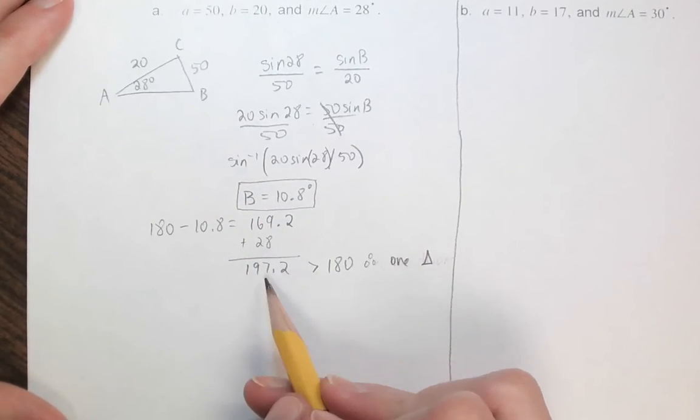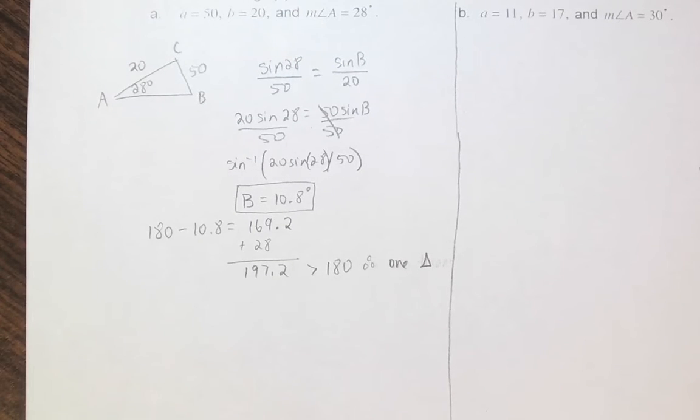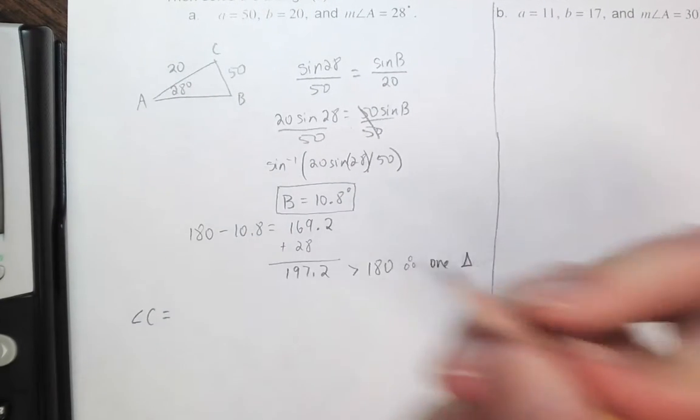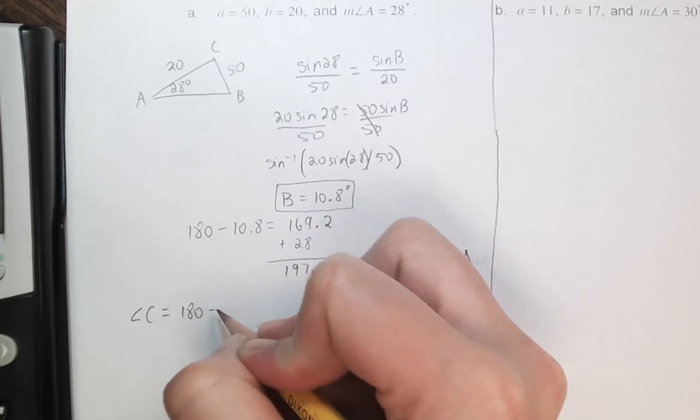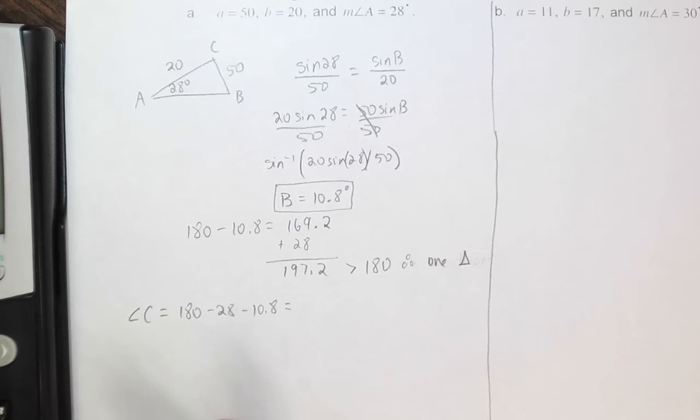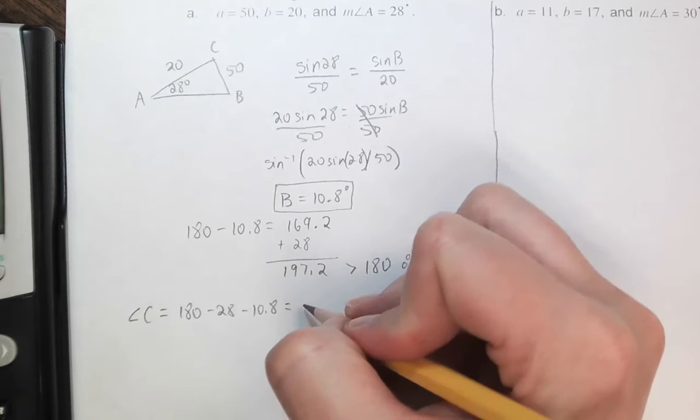The other angle didn't work because that gave us a sum greater than 180, so that can't be true. To find angle C, it's just 180 minus the 28 minus the 10.8 we just found, which gives me 141.2 for angle C.